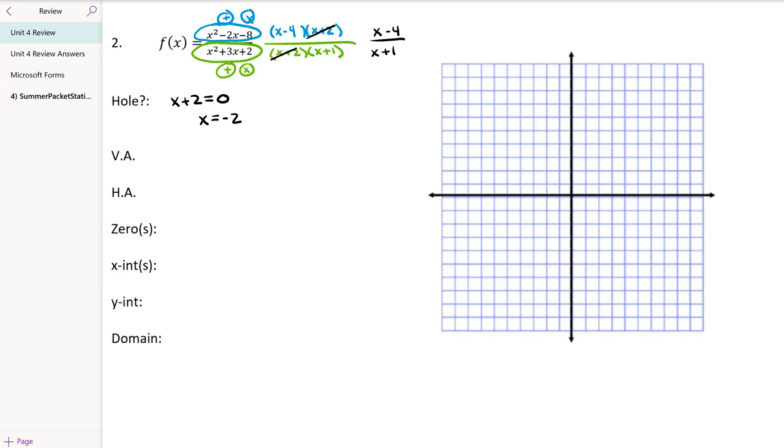So now remember, a hole is a point on the graph where the graph does not exist. So if it's a point, I need an x and a y. If I already have the x, to find the y, I need to plug it in.